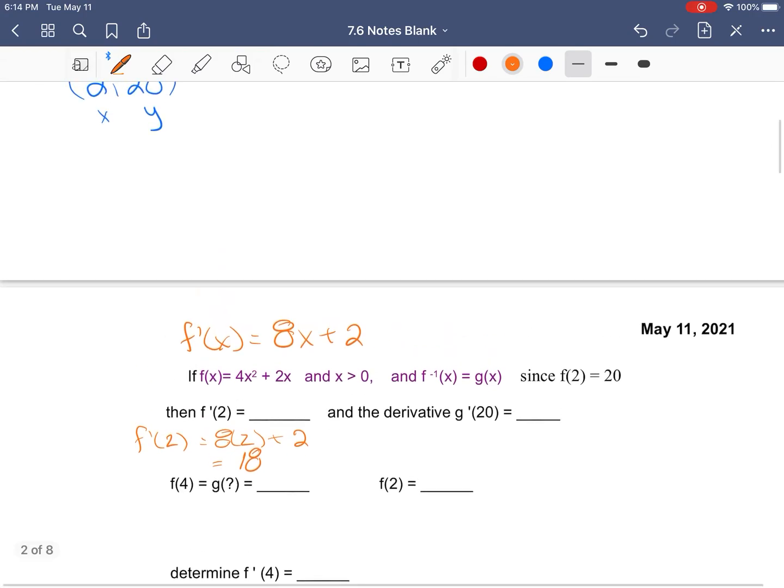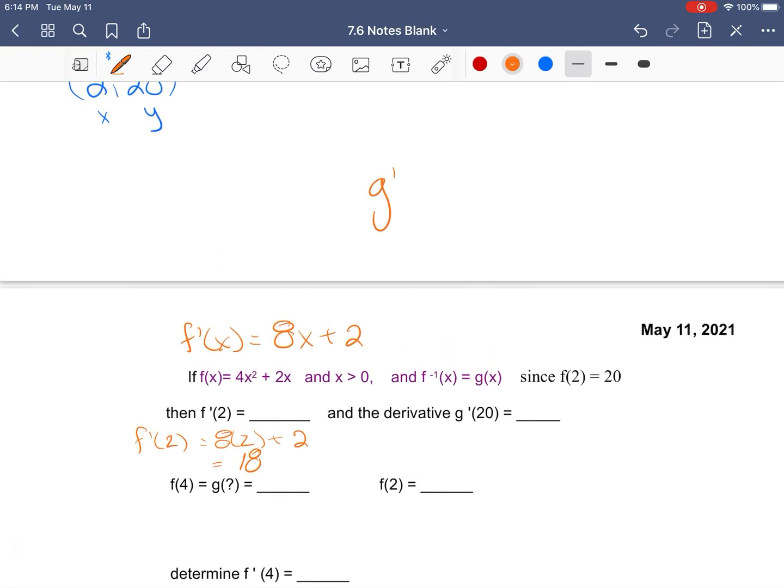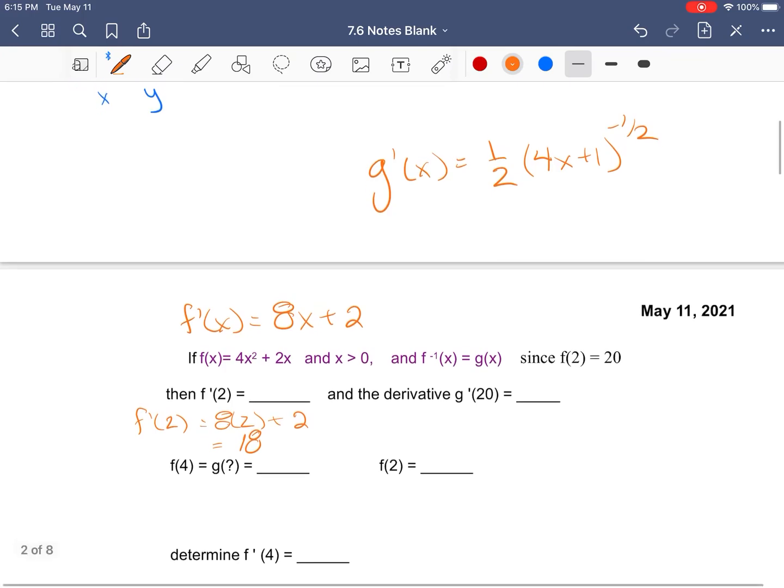I'm not going to do the whole solving for a derivative of g of x because it would be a lot. Just trust me that it is this. If you want me to solve it for you later because you're curious, I will gladly do that for you.